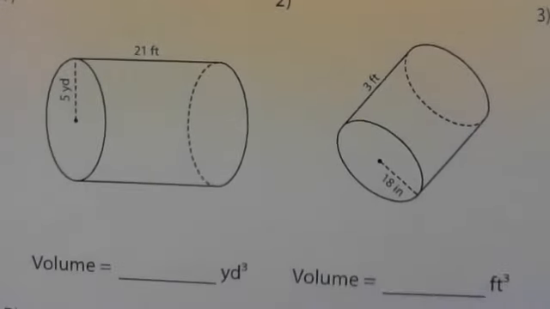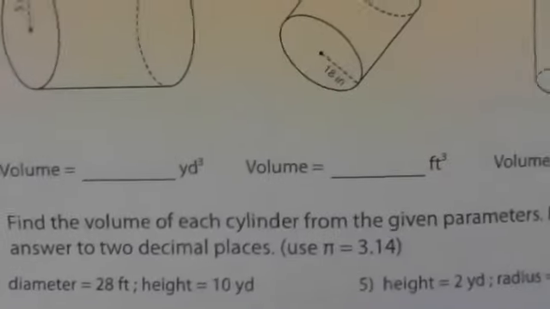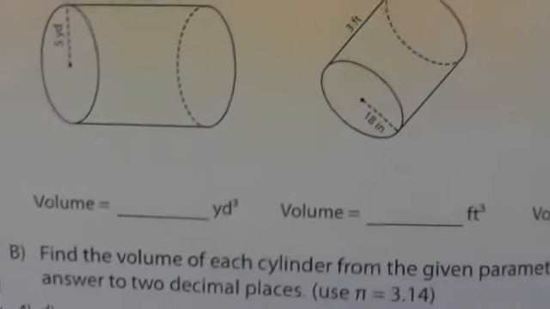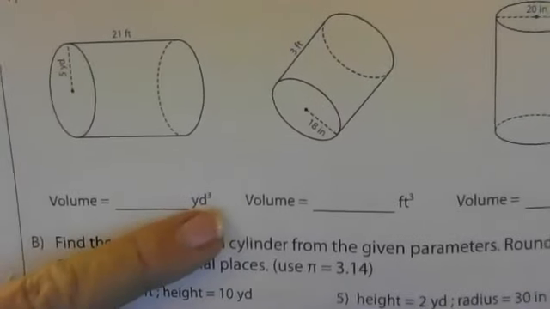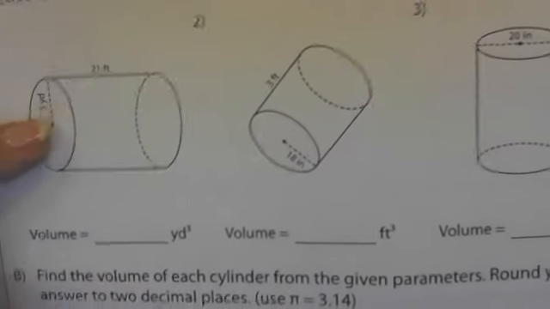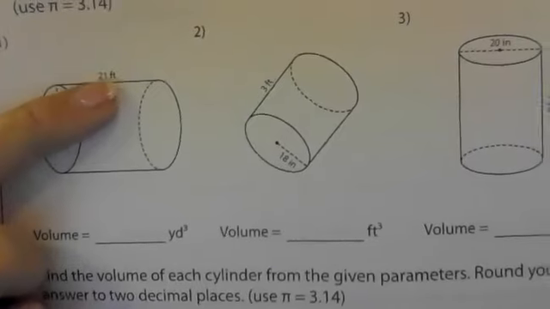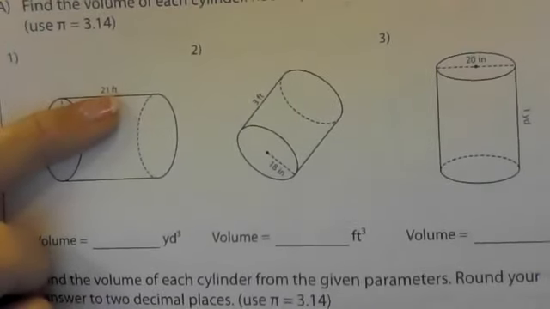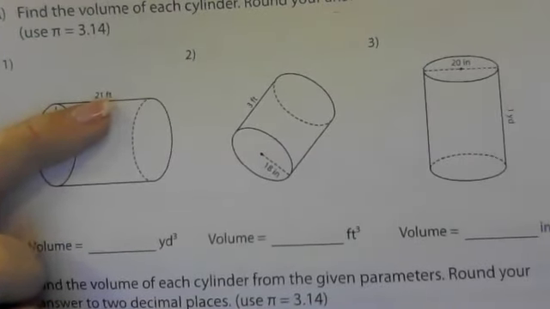You guys remember the conversion where we set up a proportion? Okay. And we can either change yards to feet or feet to yards. But if we look here, they ask for the answer in yards. So we're going to leave the 5 yards alone and change the 21 feet to yards using the conversion proportions that we showed you in a video last week sometime.